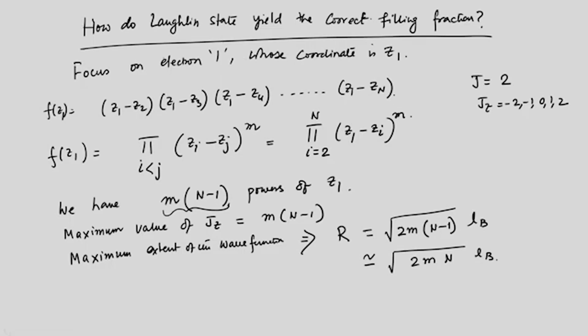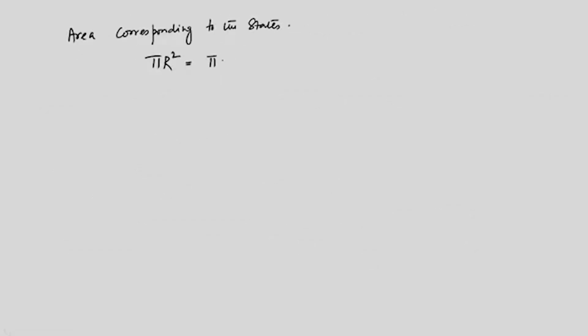All right. So the area of this wave function, or the eigenfunctions, is given by pi r squared, which is pi into 2mn LB squared.